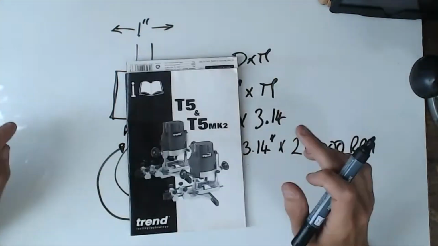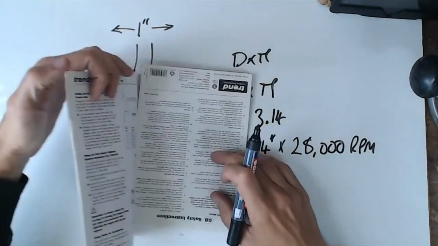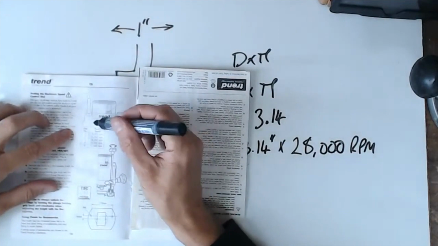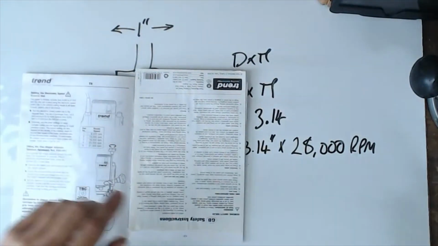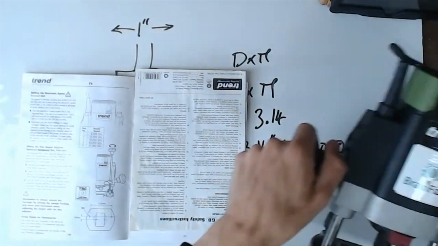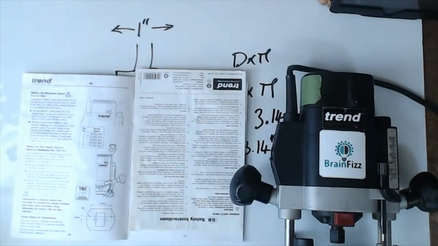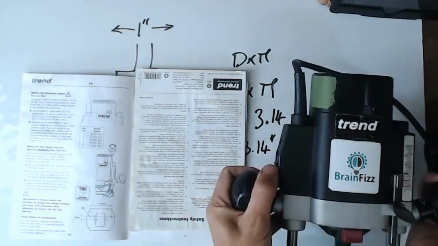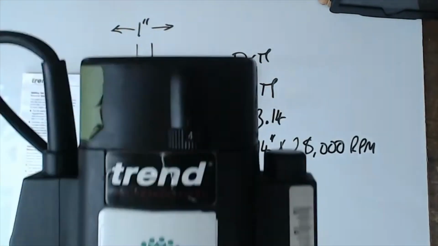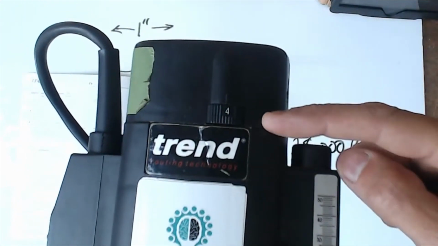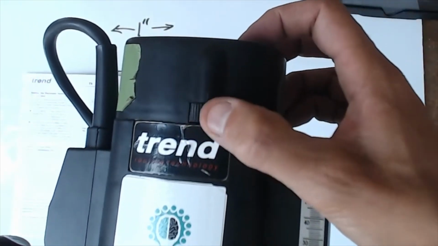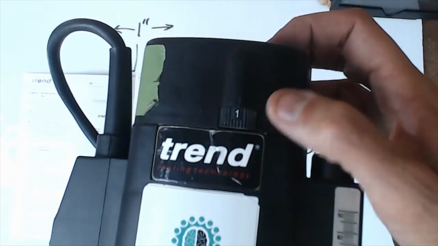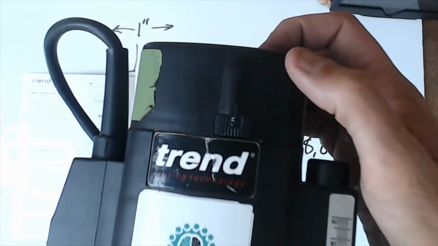Now here's one of my router manuals, and in here is a little table. On my variable speed router, just here where my finger is, it says 4, and I can change that to 3, 2, 1, or I can zip it up to 5.